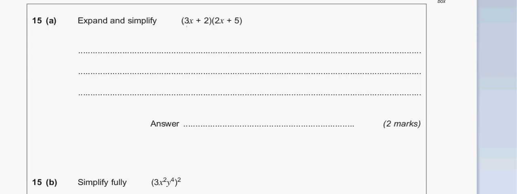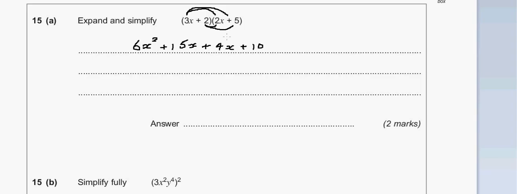So 3x multiplied by 2x gives us 6x squared. 3x multiplied by 5 gives us 15x, and then 2 times 2x gives us 4x, and then 2 multiplied by the 5 gives us the 10.